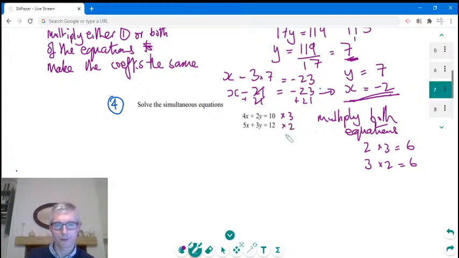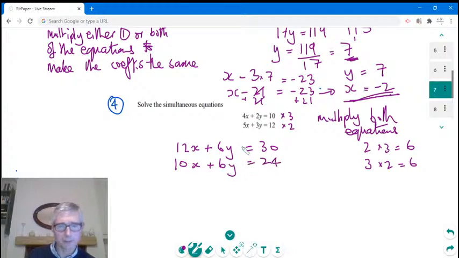And what that will give me is, for the first one, 12x plus 6y equals 30. And for the second equation, I'm going to get 10x plus 6y equals 24.